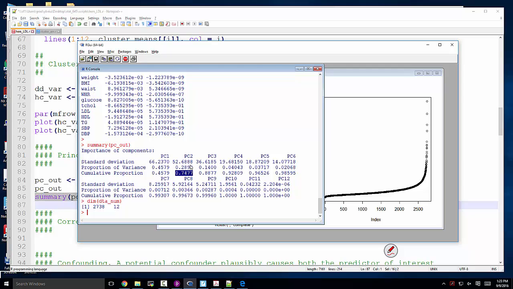So third row of column 1 is the same as the second row, 46%. But third row of PC2 is the 46% plus the 29%. So collectively, the first two principal components, taking 12 down to 2, you can explain 3/4 of the story. And if you keep going, the third principal component picks up an additional 14, and so on.